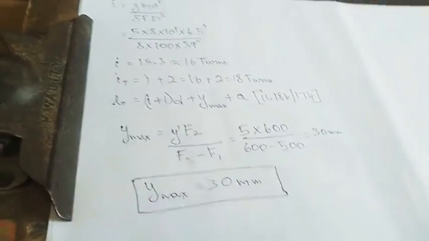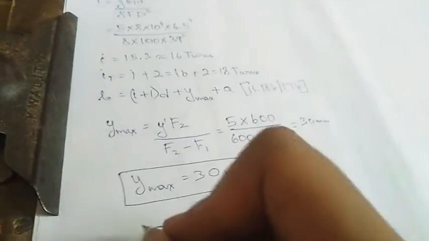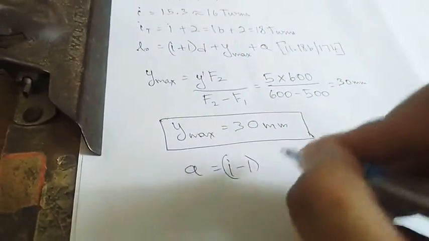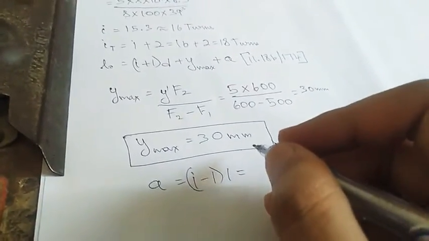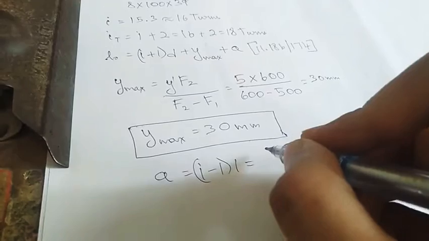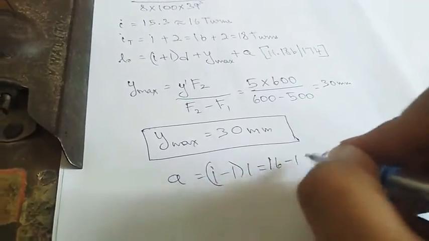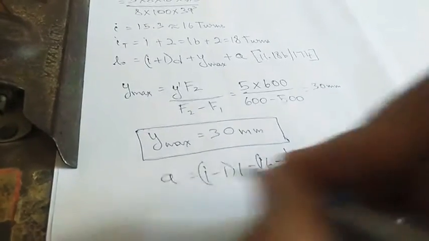So next we'll find the value of a. We know a is equal to i minus 1 into 1, that is 16 minus 1 into 1, which is 15.